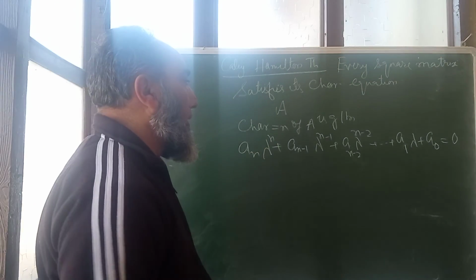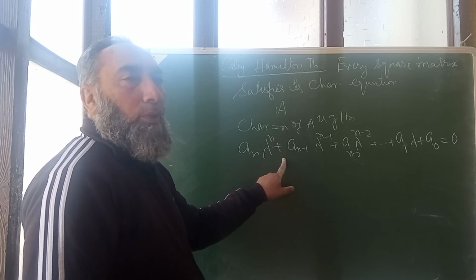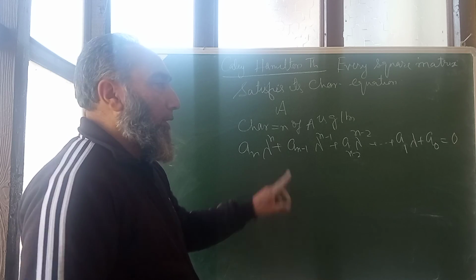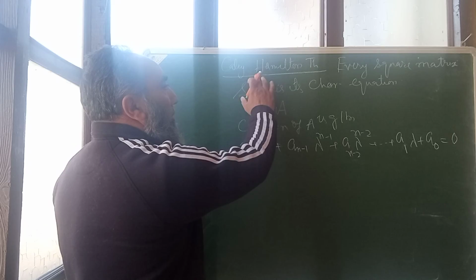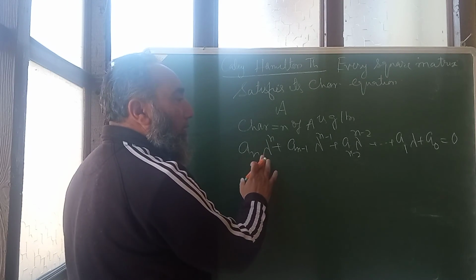This you have seen. If you have a square matrix of order n, you will get a polynomial equation of degree n, right? By the Cayley-Hamilton theorem, every square matrix satisfies its characteristic equation.